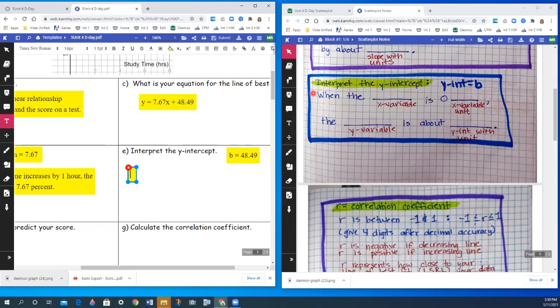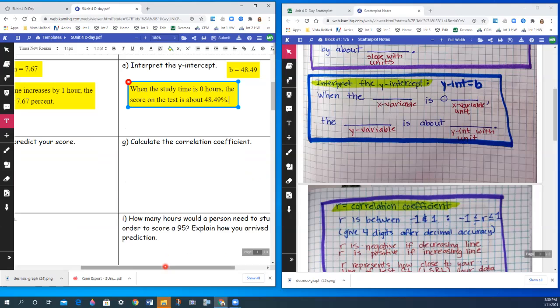So when the study time is 0 hours, the score on the test is about 48.49%. We're thinking about these as percent, or points if we were thinking about these as points.